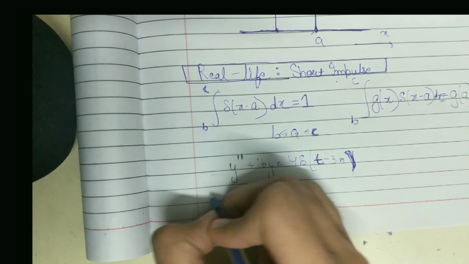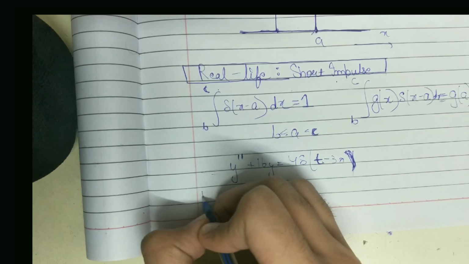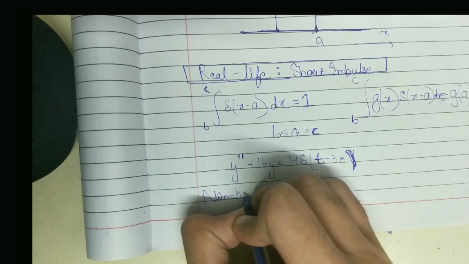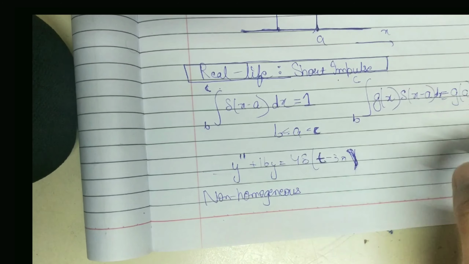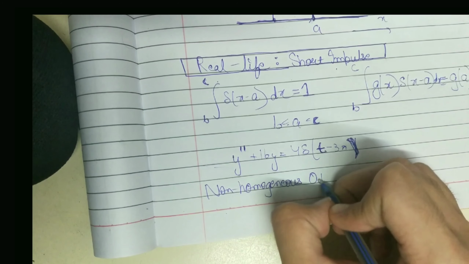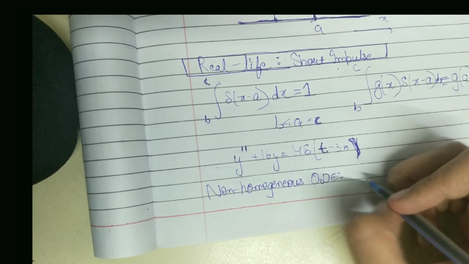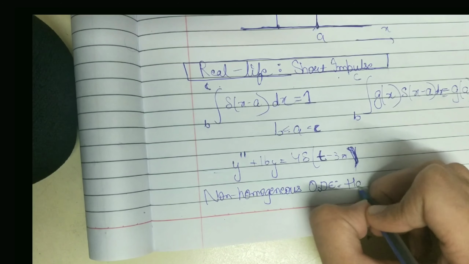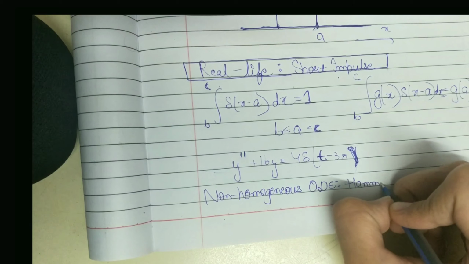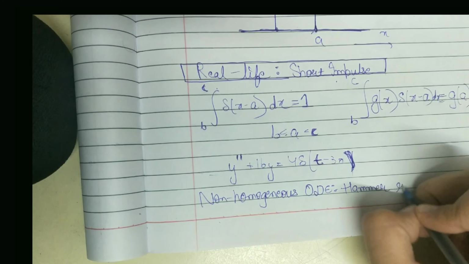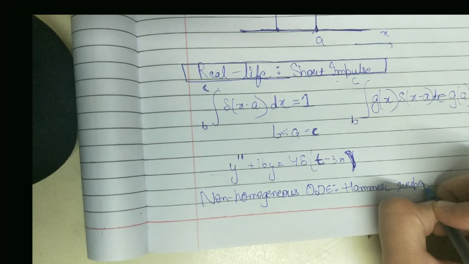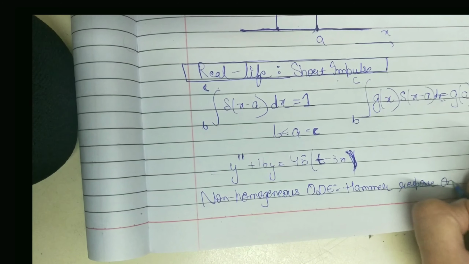So the phenomenon that this non-homogeneous ODE represents for this mass spring system is a hammer response on the mass spring system.